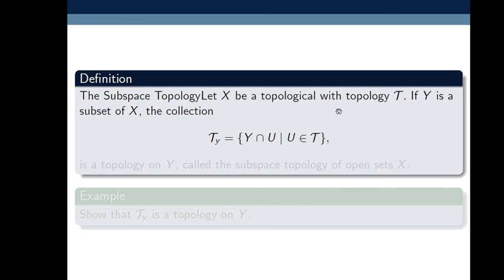Here X is a topological space with tau and Y is a subset of X. U is a member of tau, and tau Y is the set of Y intersection U. Then tau Y forms a topology on Y, and this topology is called the subspace topology of open sets X.